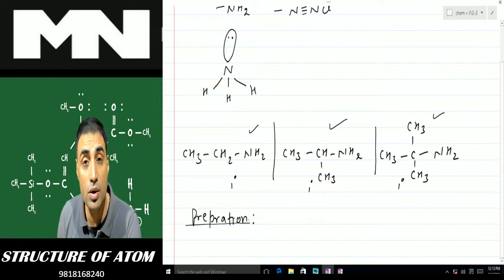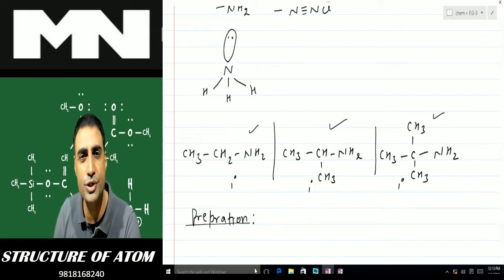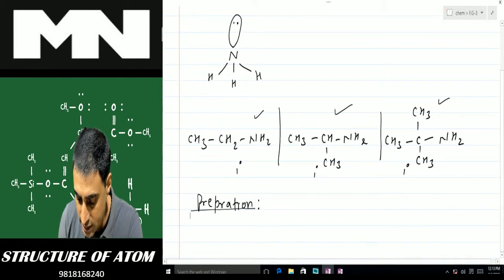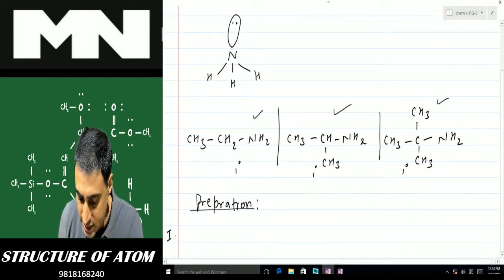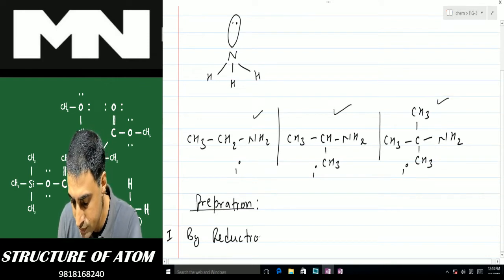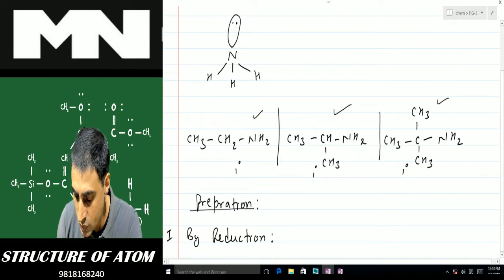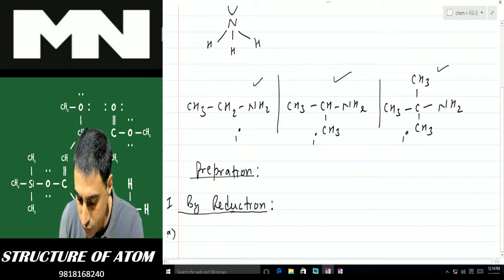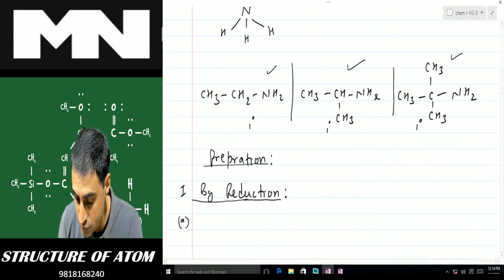Preparation of amines can be done by reduction of nitrogen containing compounds. So first is by reduction of nitro compounds.